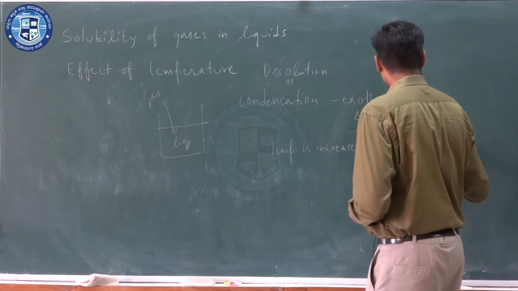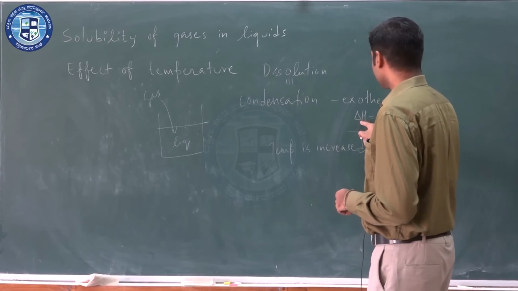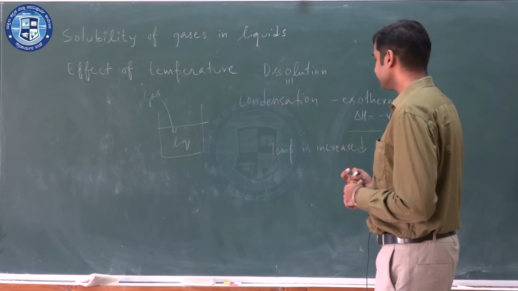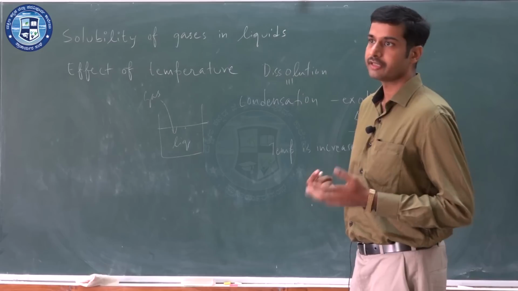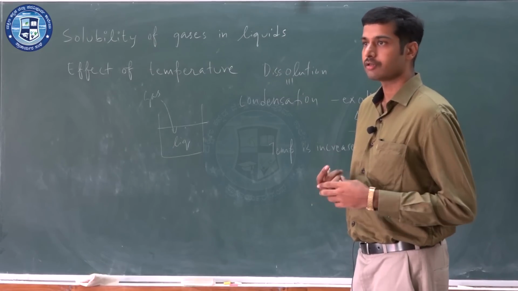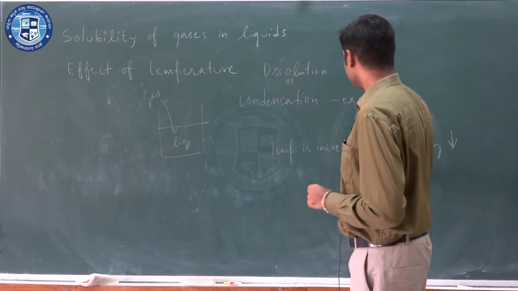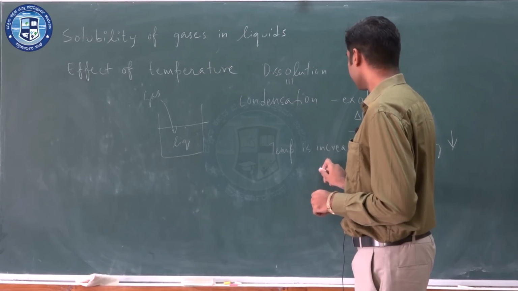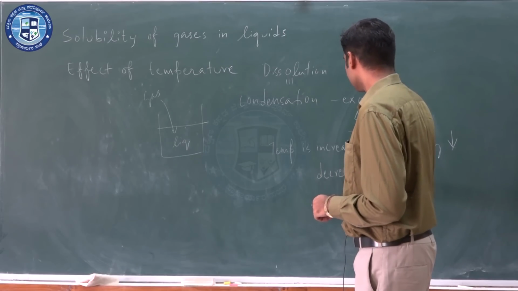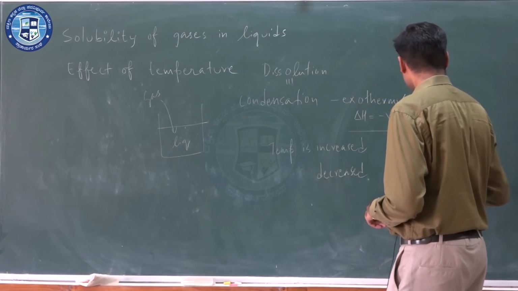Solubility decreases. So, because delta H is negative, with increase in temperature the equilibrium will shift in such a direction wherein solubility decreases. Therefore, if temperature is increased, solubility decreases, and on the other hand, if temperature is decreased, solubility will increase.